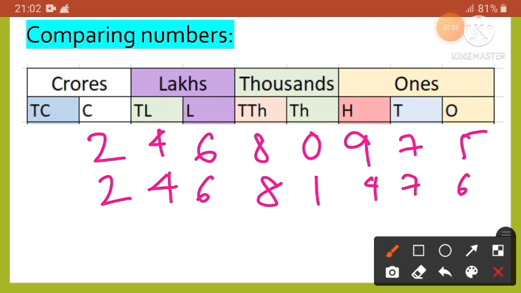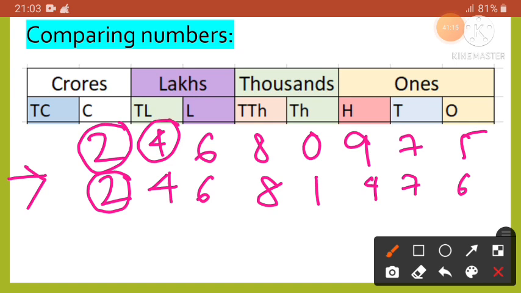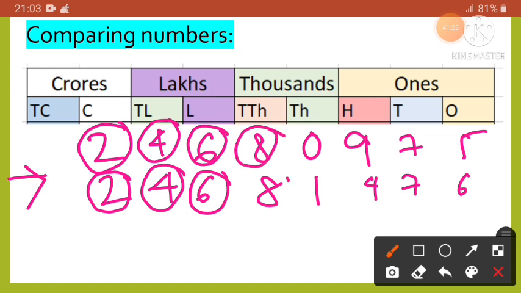Now compare the numbers digit to digit, starting from the left side. For the first number it is 2, and for the second number it is also 2, same. Next it is 4 and 4, also the same. Next 6 and 6, again the same. Next 8 and 8, also the same.